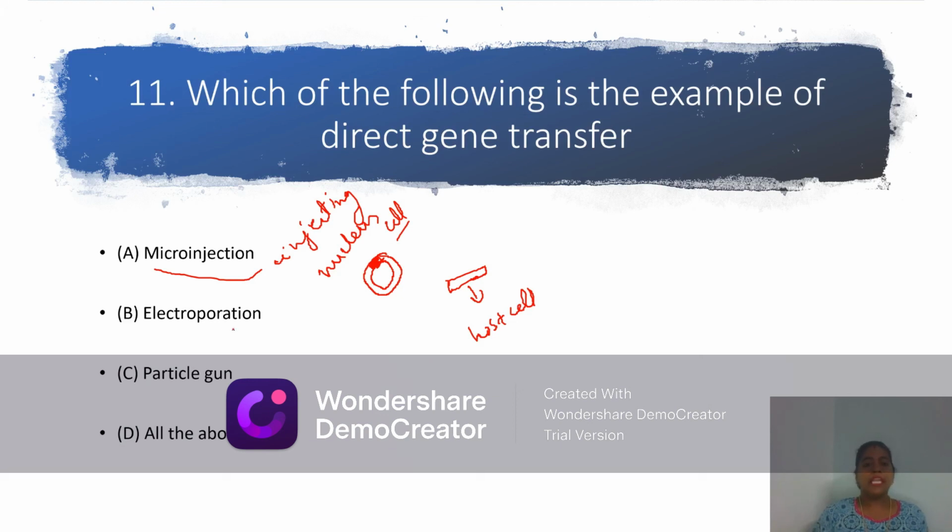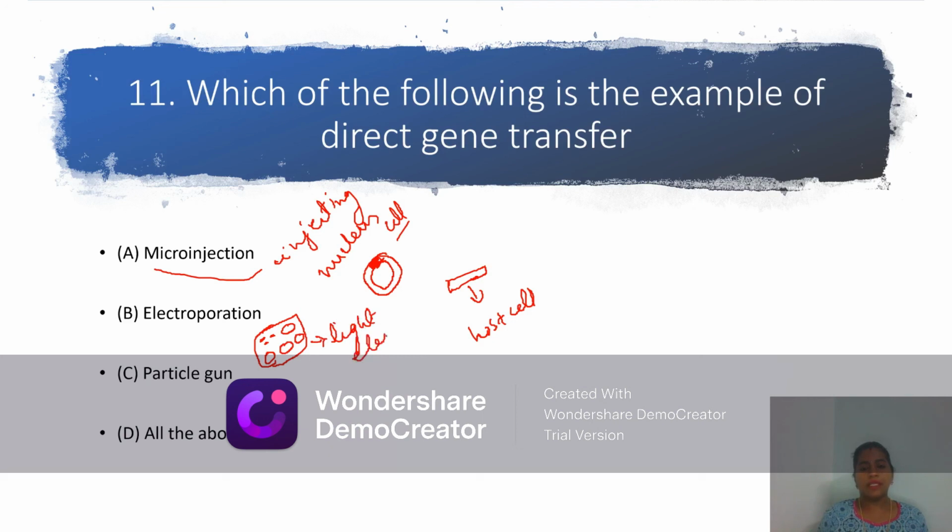So if you are seeing electroporation, what is electroporation? In a tray you are taking the cells whichever you wanted to introduce, and the piece of DNA you want to insert. Here what you will give? A light electric shock.